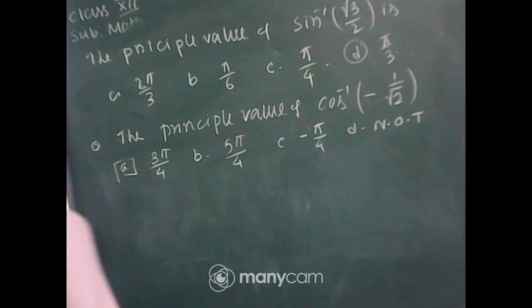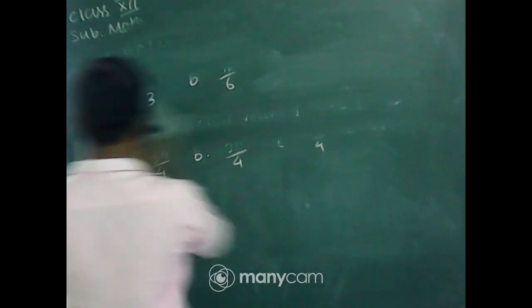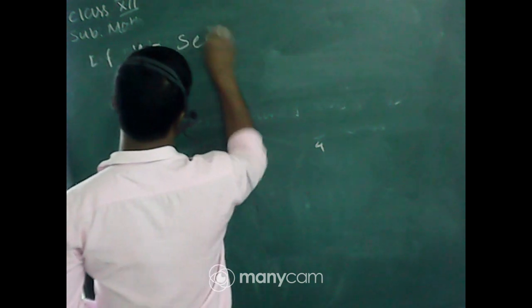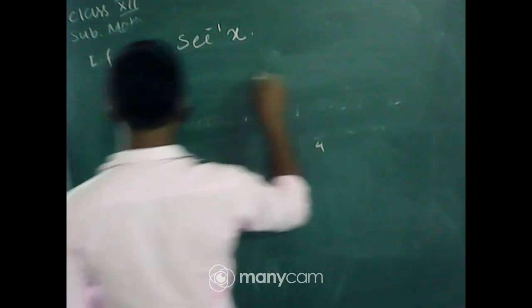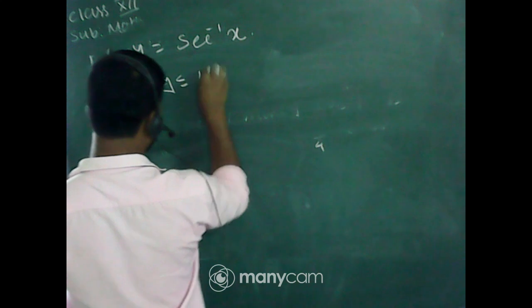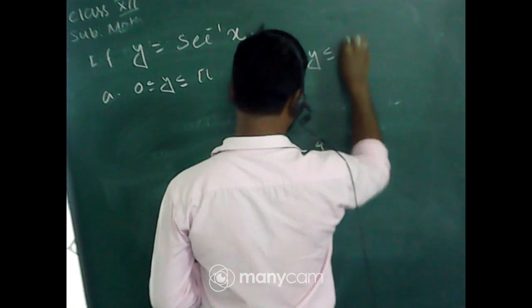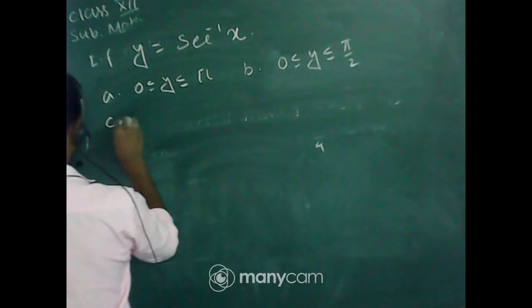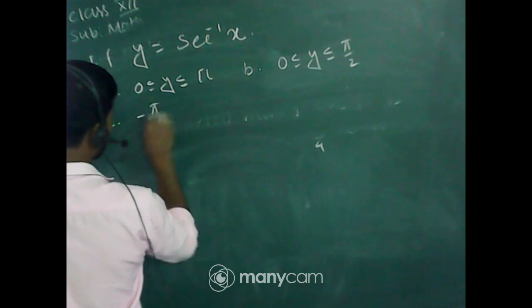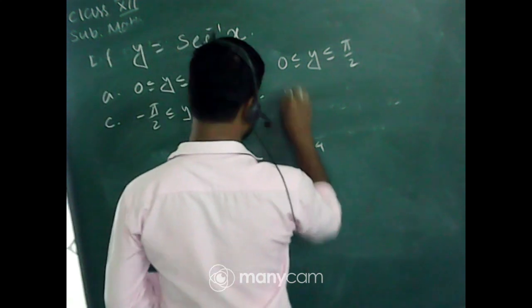Okay, now the next question. If y is equal to sec inverse x, then the value of y is: A, 0 less equal to y less equal to pi; option B, 0 less equal to y less equal to pi by 2; option C, minus pi by 2 less equal to y less equal to pi by 2; and option D, none of this.